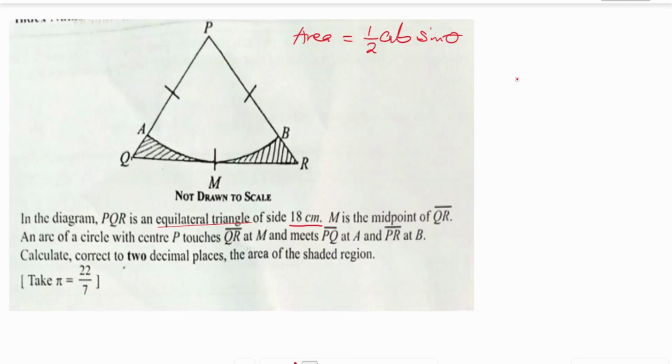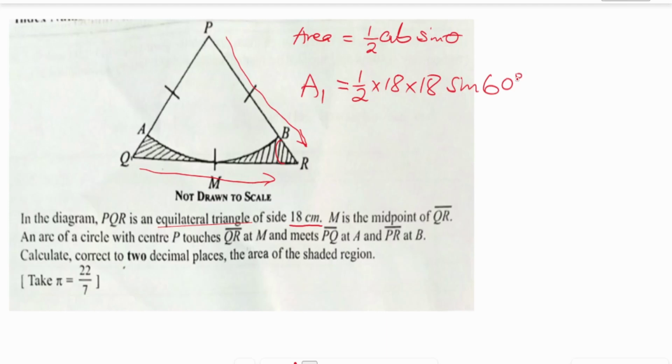So assuming we are using the sides PR and QR, and the angle between the two of them, the area of the triangle, which I would like to call A1, equals 1/2 times 18 times 18 times sine of 60 degrees.